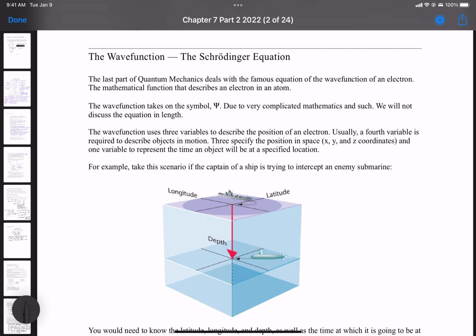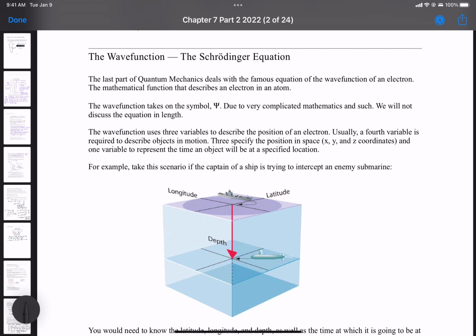Like we usually describe things in 3 dimensions, x, y, z coordinates, and then usually a 4th variable to describe objects in motion: 3 specify the position in space, and 1 variable represents the time of an object at a specified location.